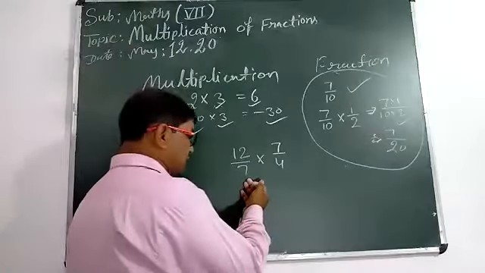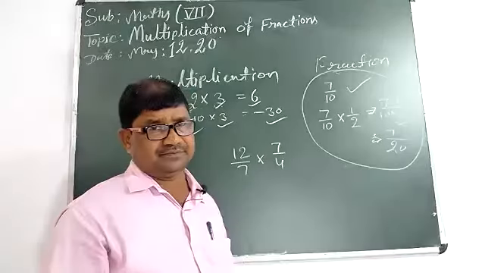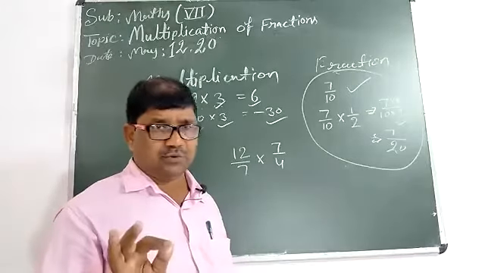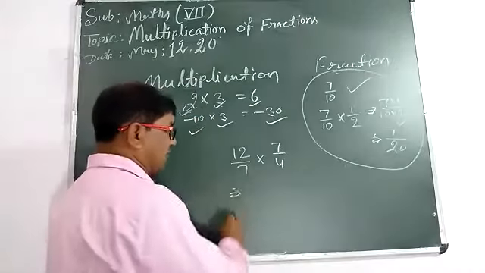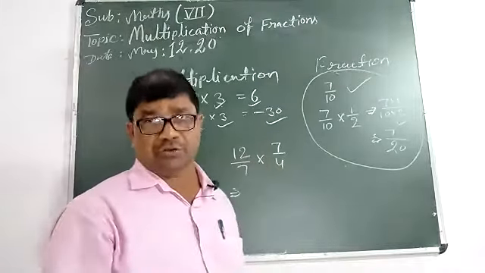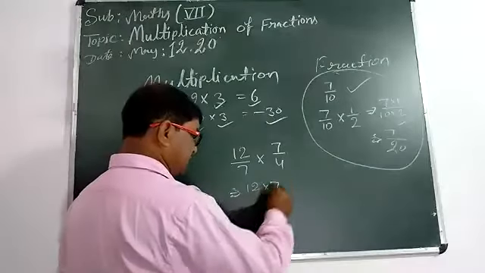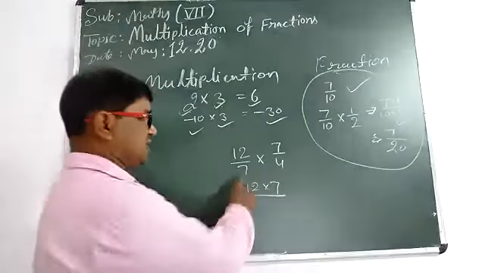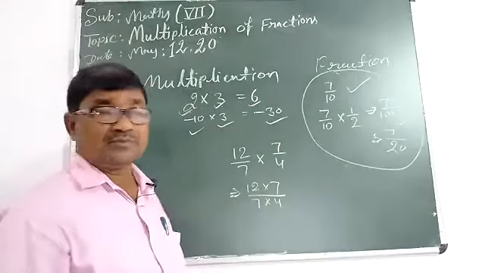This is the multiplicand, that is the multiplier. Okay, understood? Very good. Now student, we should multiply numerator to numerator. So 12 multiply 7 upon 7 multiply 12 because they are denominator.